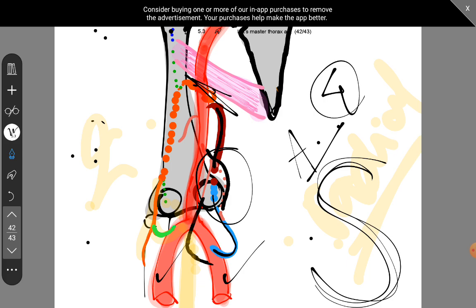So let me talk about the anastomosis around the medial epicondyle. In front of the medial epicondyle, it's the anterior branch of the inferior ulnar collateral and the anterior ulnar recurrent. Behind it, it's the superior ulnar collateral and the posterior branch of the inferior ulnar collateral, both anastomosing with the posterior ulnar recurrent. What about the lateral side? Lateral side in front of it, oh, it's the radial collateral and the radial recurrent.